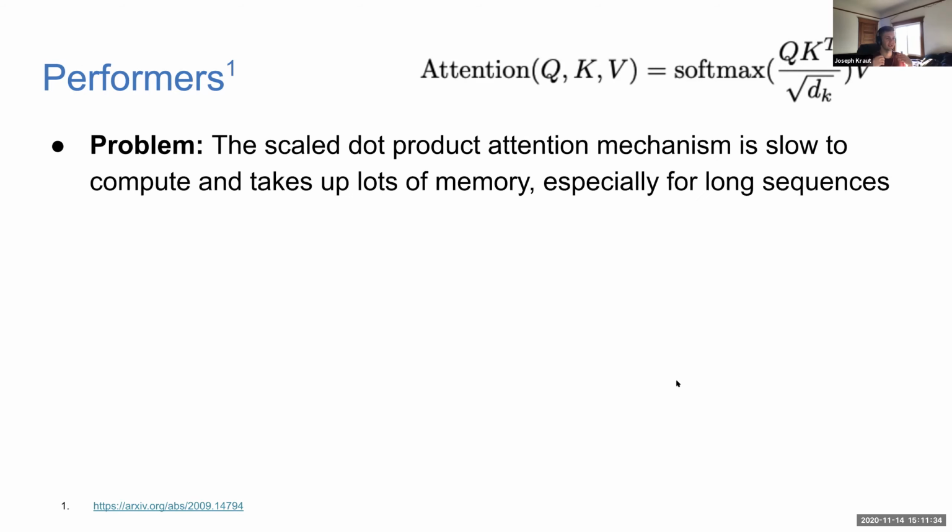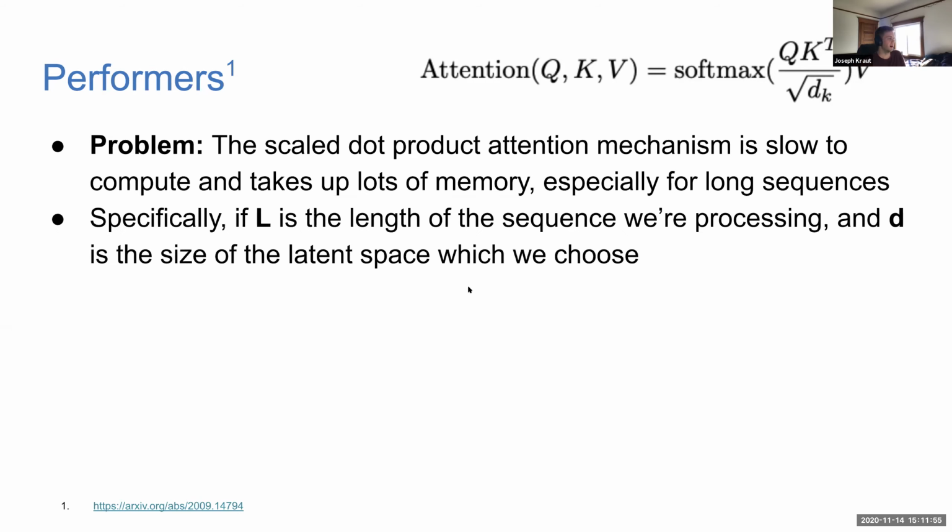But the problem is that this scaled dot product attention turns out to be slow, especially when we have really, really long sequences. If we're looking at an entire Wikipedia article, that's a pretty long sequence, right? What happens is these Q and K matrices turn out to have bad dimensions once the input size grows.